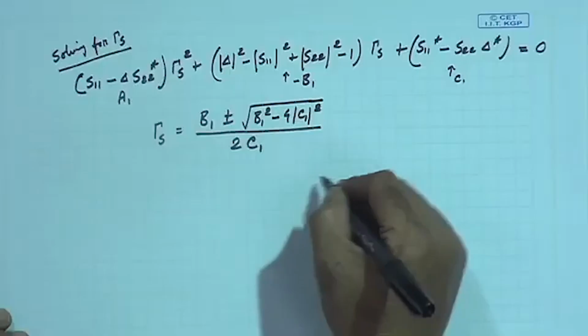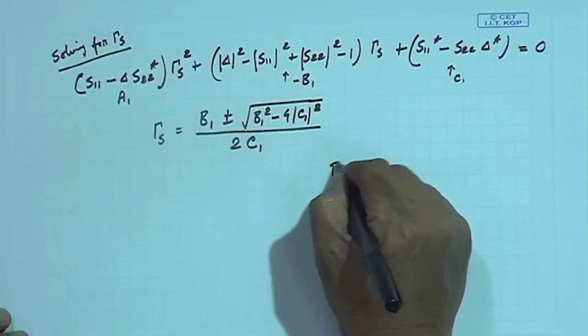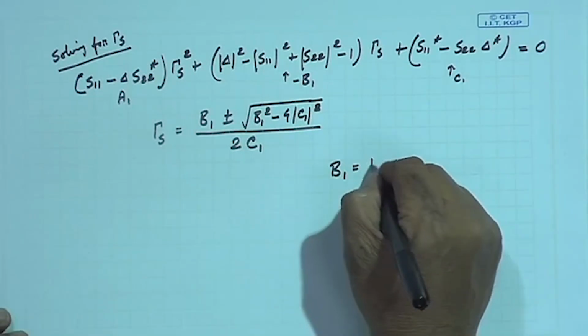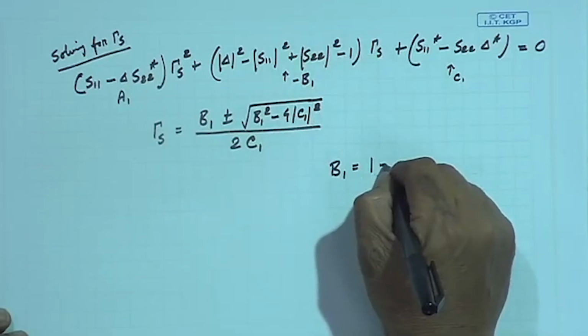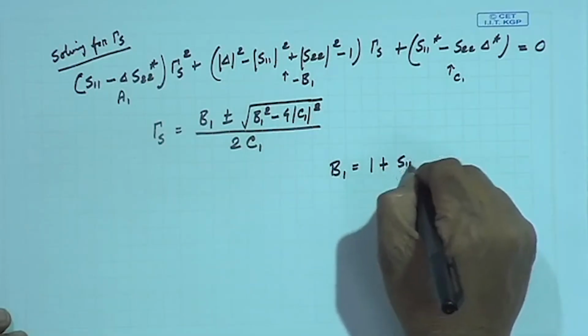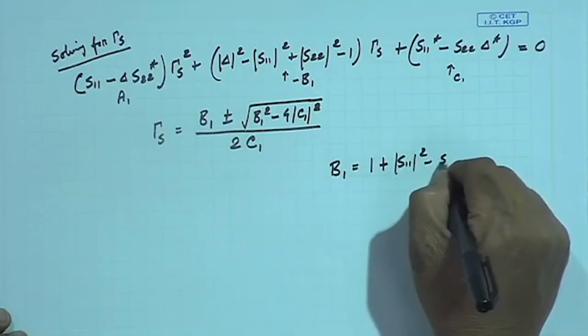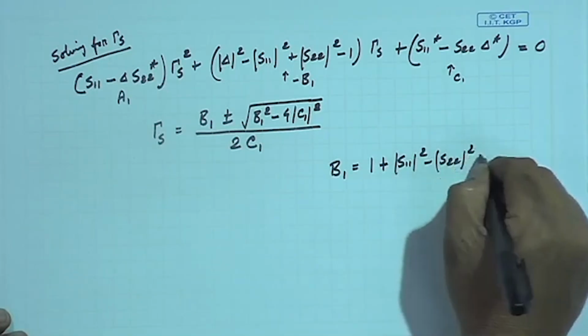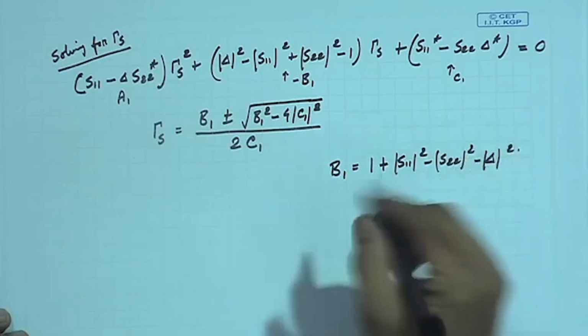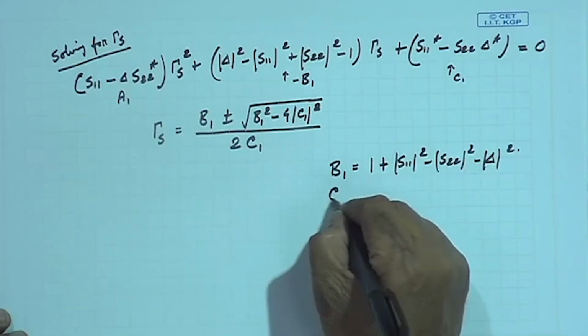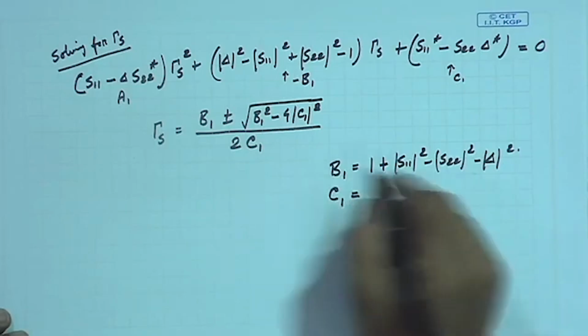B1 will be 1 plus S11 square minus S22 square minus the magnitude of delta square.